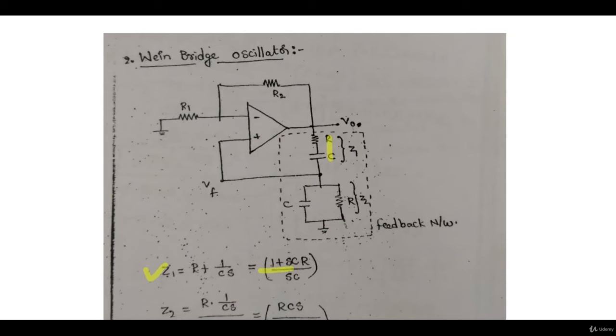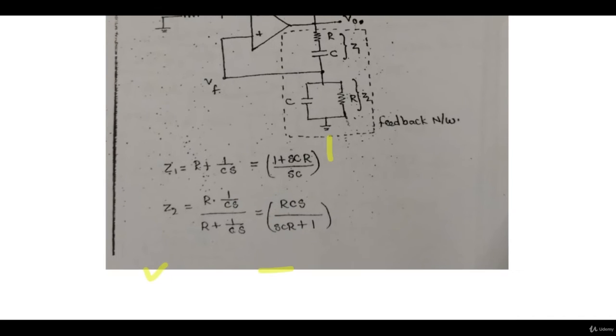So you will get 1 plus SCR divided by SC. And Z2 you can calculate as the parallel combination of R and C, which is R into 1 by Cs divided by R plus 1 by Cs. So this is R divided by SCR plus 1.